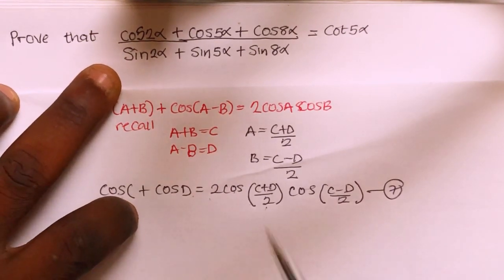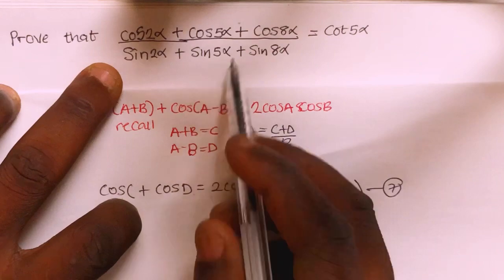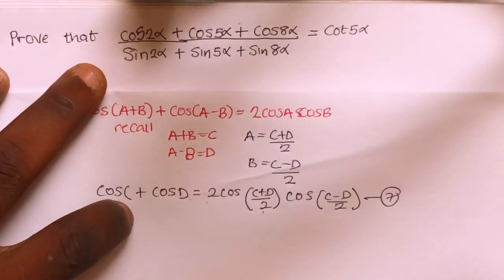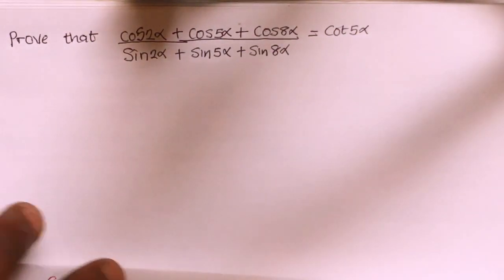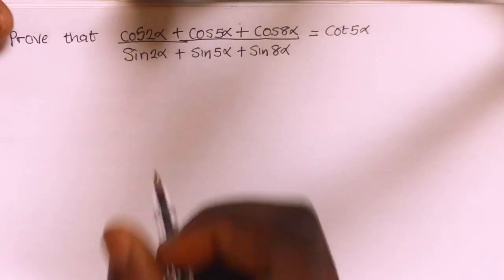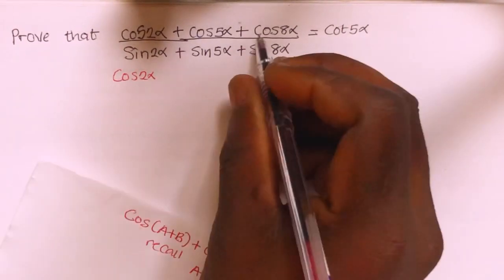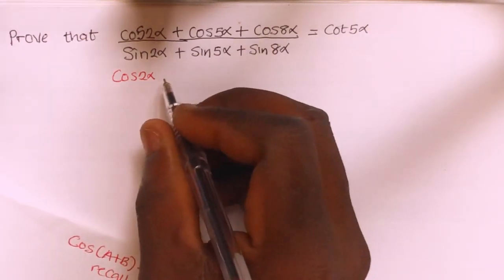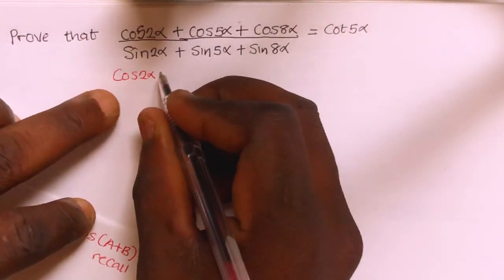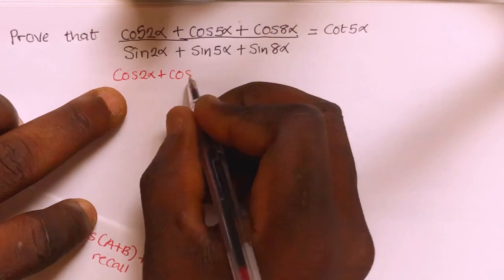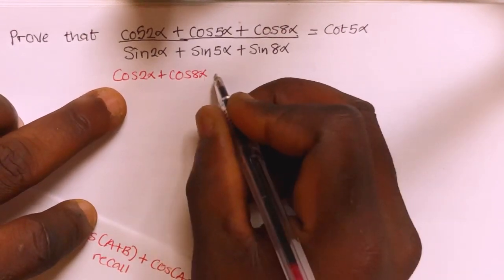Then that means you can transform or rearrange these functions into another form. So that if you transform it, you have it to be cos 2 alpha, right? Then here you have it to be plus cos 8 alpha, right?